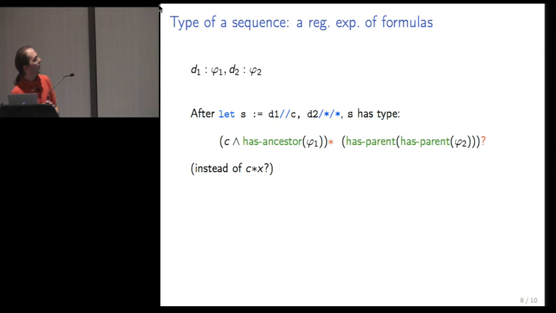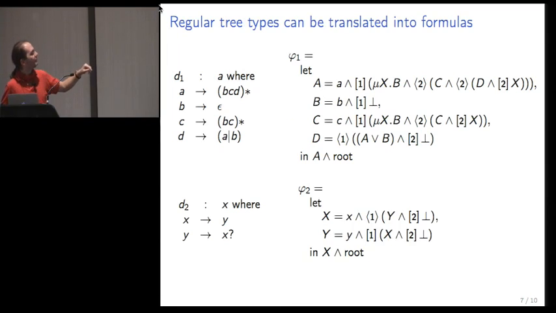Because the 2 star may have many results. Well, it's a question mark because of the type of D2. D2 has this type. I see. Yes, it can have at most one grandchild. Thank you.